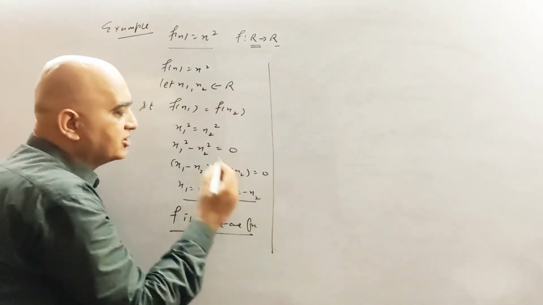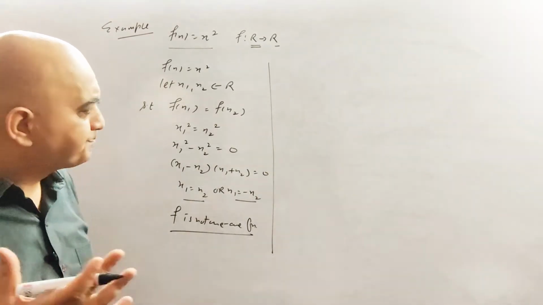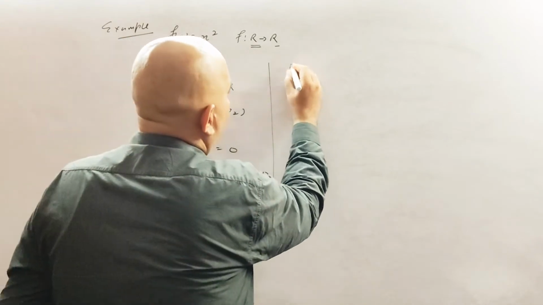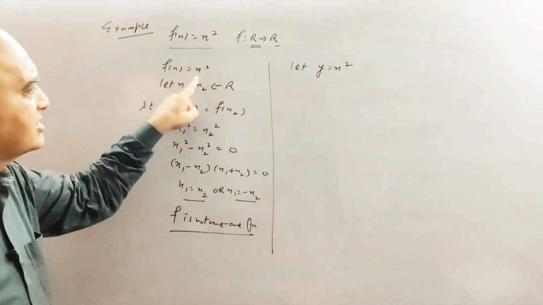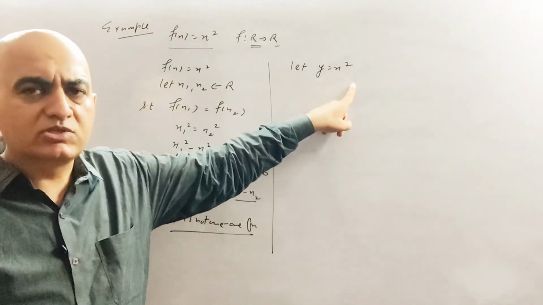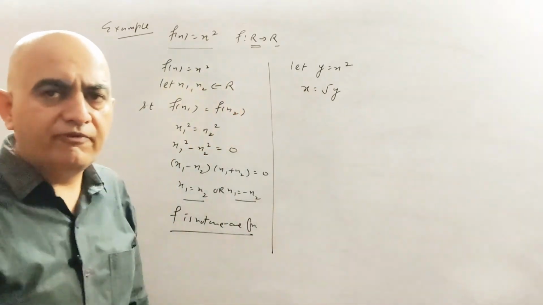And for a many-one function, how can we check the condition? First of all, for a many-one function, let y is equal to x square. Means if f of x is equal to x square is given, then y is equal to x square, and we have to find the value of x from here, that is root of y.